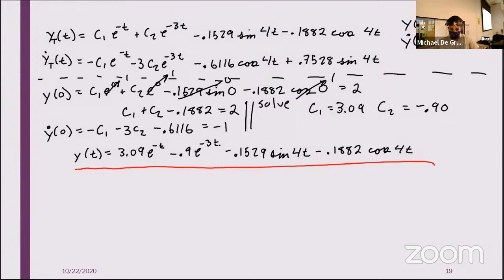Is there a short way to do that one? Yes, you could plug it into the table. What were my roots? Negative 3 and negative 1.